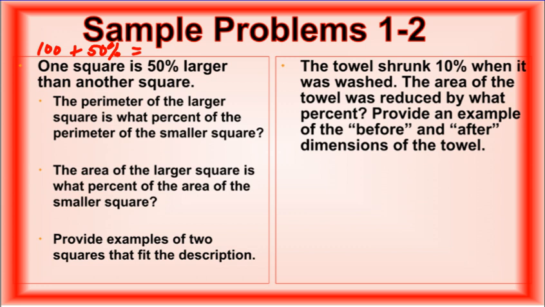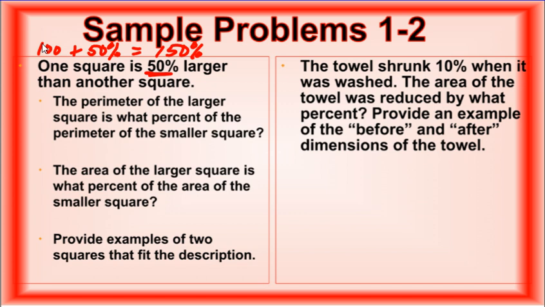So the new shape, the other square, is actually 150% of the original one. So they're comparing it. One is 100%, the other one's 150%, a difference of 50%. Okay, so it's 50% larger.